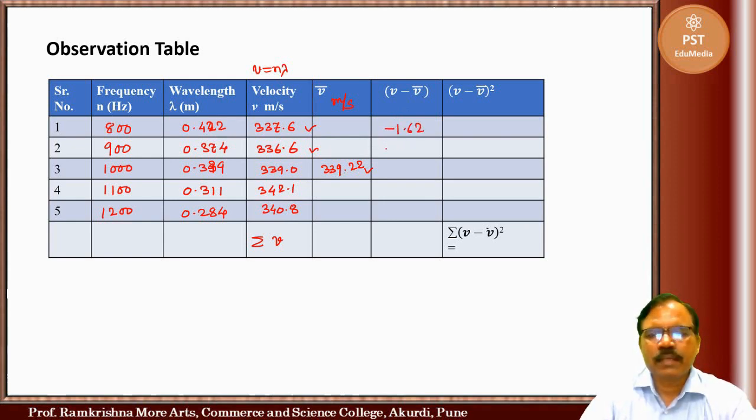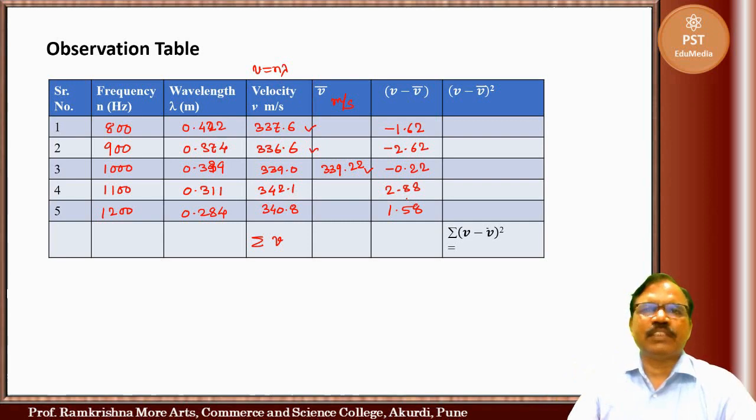Then we get here minus 2.62 for the second one. Now for the third one, we get minus 0.22, 339.0 minus 339.22. Then you will get here 2.88 and 1.58. Now we have to take the square of this.